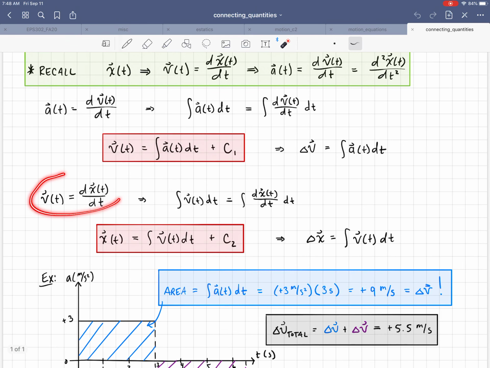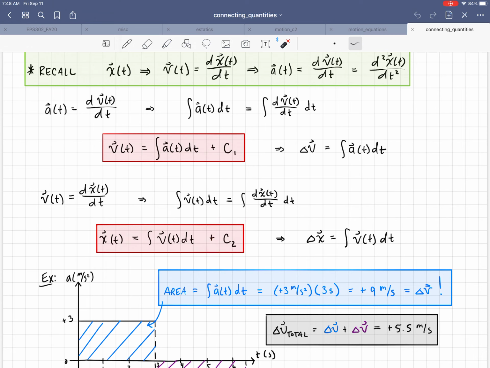Well, what about if we have the velocity function, the time derivative of the position function? Well, we're going to do the same thing. We're going to add dt's to both sides and integrate. And so this side over here turns into the position at any time, and you get with that a constant.